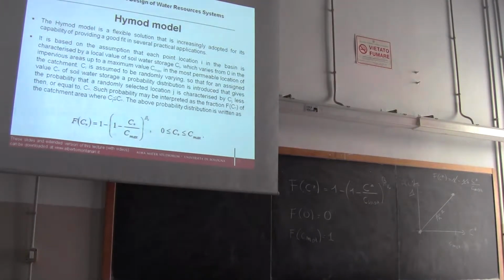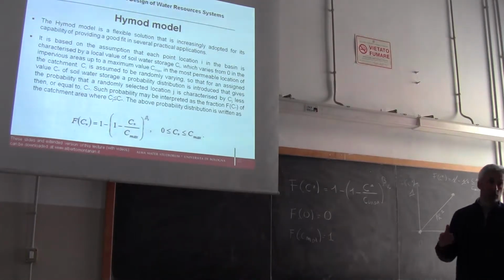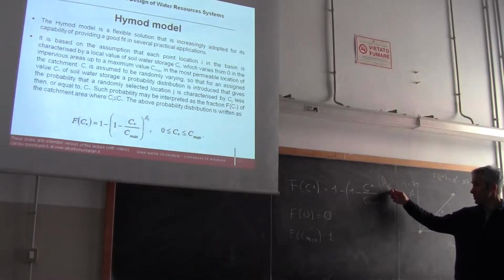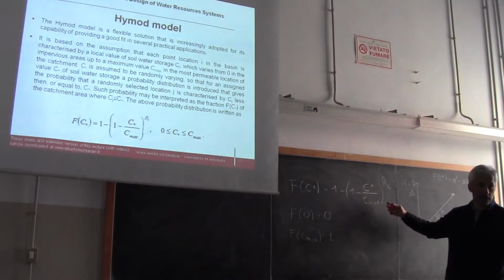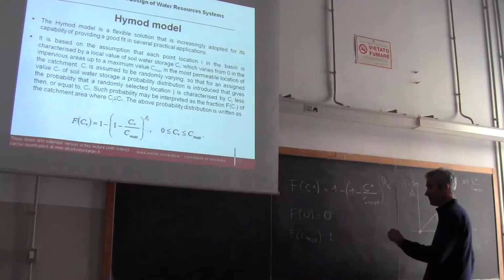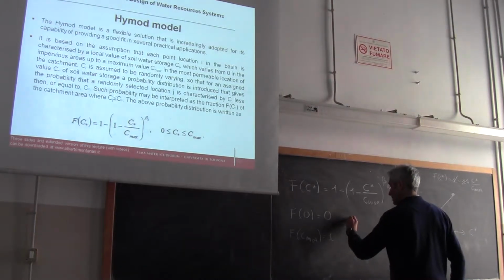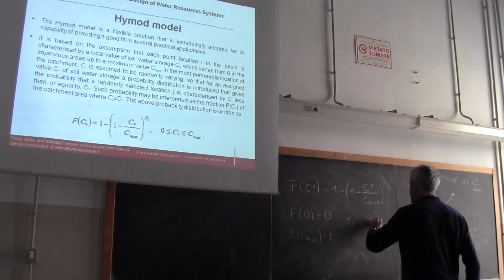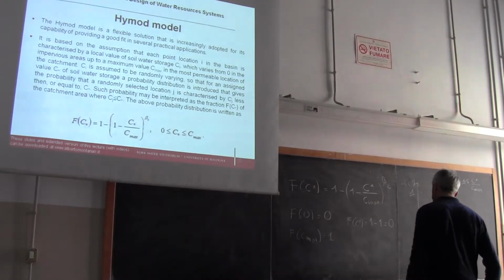So, what happens again if beta k tends to 0? What happens if beta k is equal to 0? Whatever is the value between round parentheses, whatever value elevated to 0 means that it's 1. And therefore we get f c star is equal to 1 minus 1 equals 0.